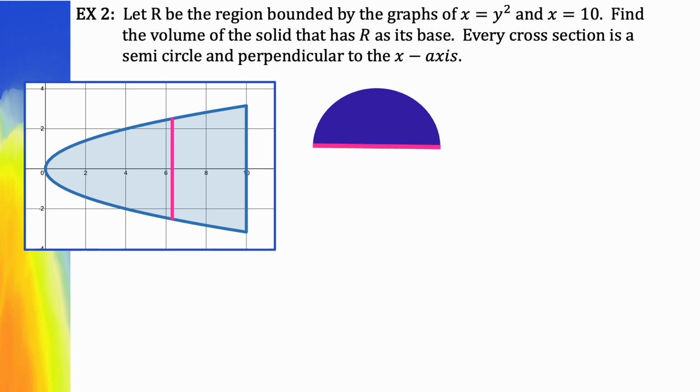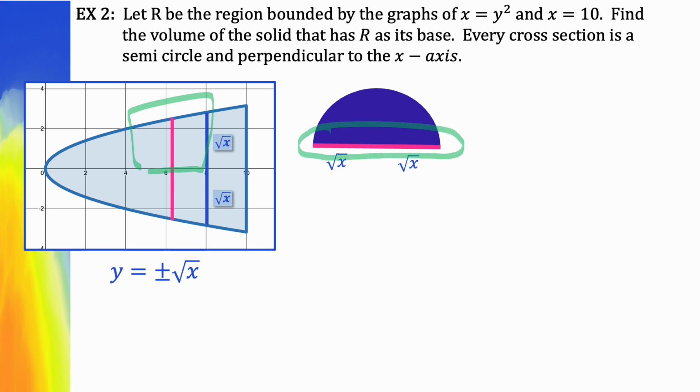And the top part, just this top part right here, that is going to be the square root of x. And then the bottom part is the negative version of that. So the base of my semicircle, the diameter, is 2 root x.